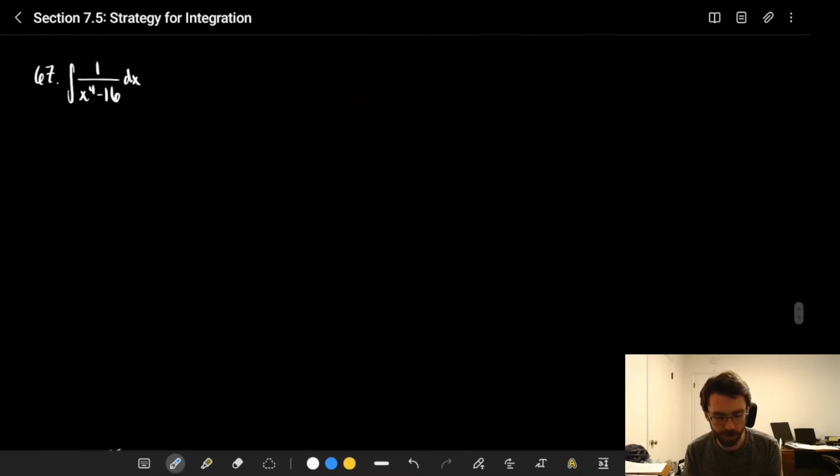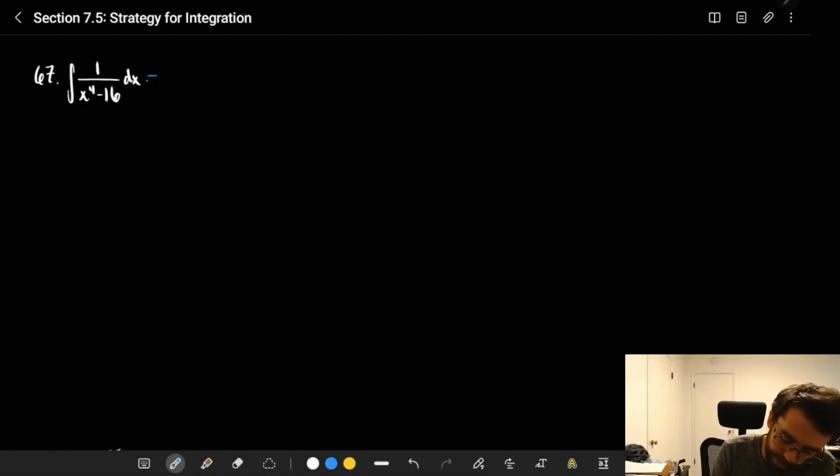67 almost looks nice. Again, the strategy is say what you don't like about the integral and then try to fix it. I mean, it would be nice... Actually, yeah, it would be nice if squares were around instead of fourth powers, of course. And you can actually get squares by factoring it, right? It's a difference of squares.